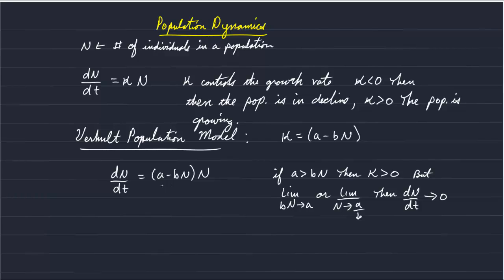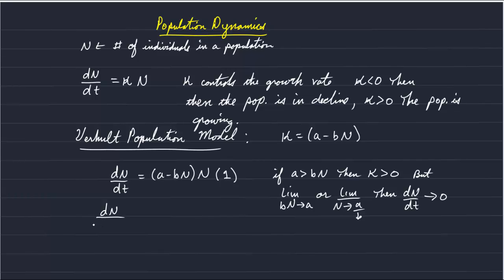So you should recognize that this is a separable equation because we have a derivative on the left-hand side, and on the right, a function of only n times a function of our independent variable t, which happens to be 1 here. So we can collect all terms of n on the left-hand side.